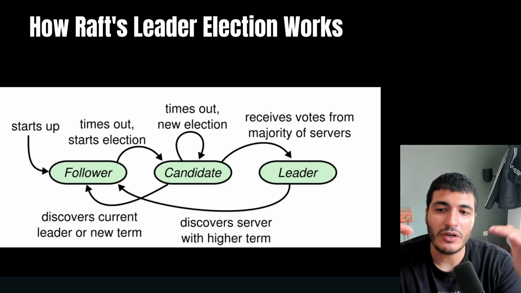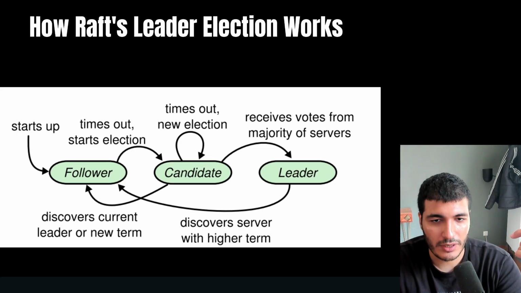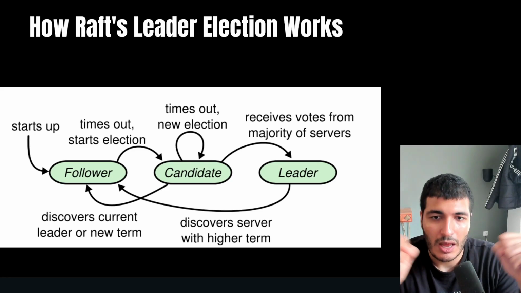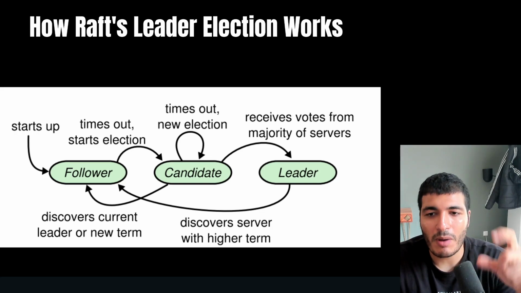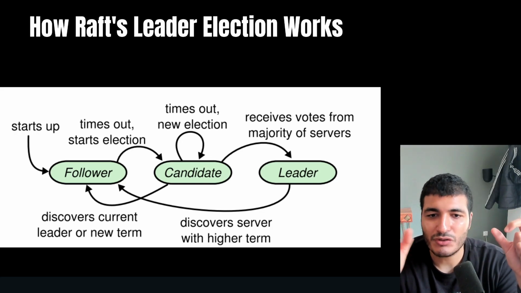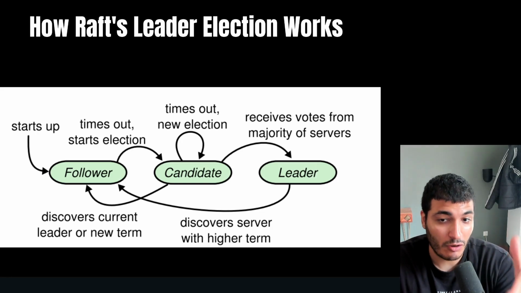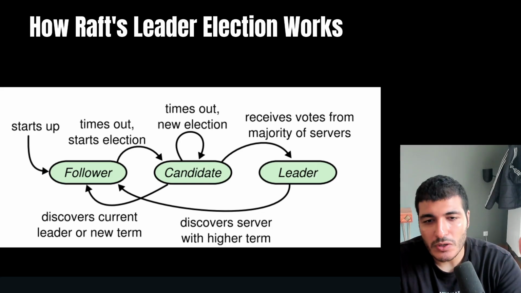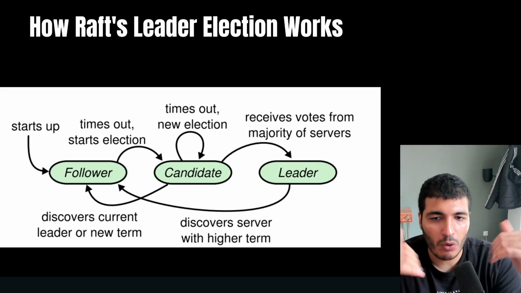The candidate will increment its term, okay? It votes for itself and requests votes from other nodes. If a candidate receives votes from the majority of the nodes, it becomes the new leader. The new leader then starts sending heartbeats to all followers.